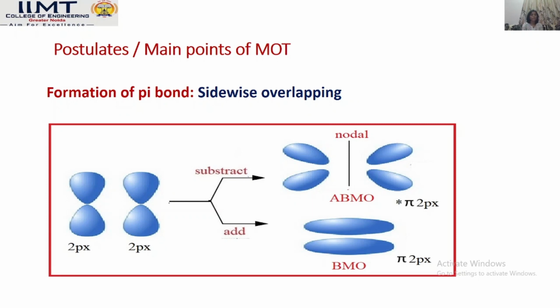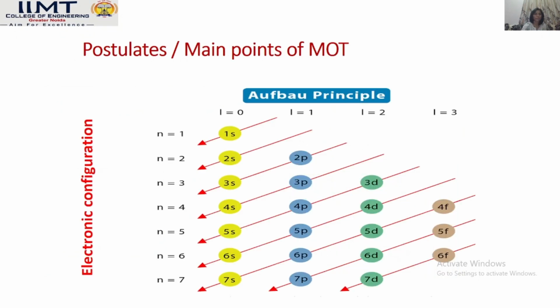By the additive combination of 2px and 2px, a bonding molecular orbital is formed, which is represented by pi 2px, and by the subtractive combination of 2px and 2px, an anti-bonding molecular orbital is formed, which is represented as pi star 2px.